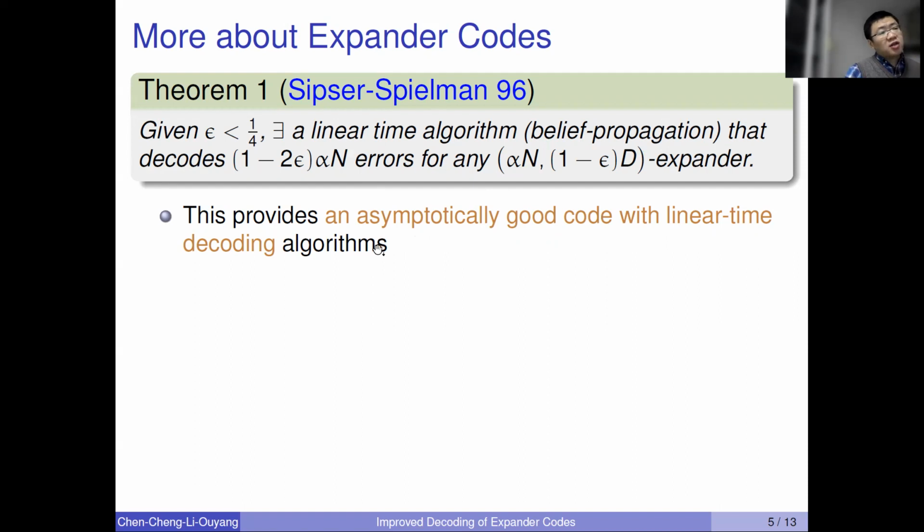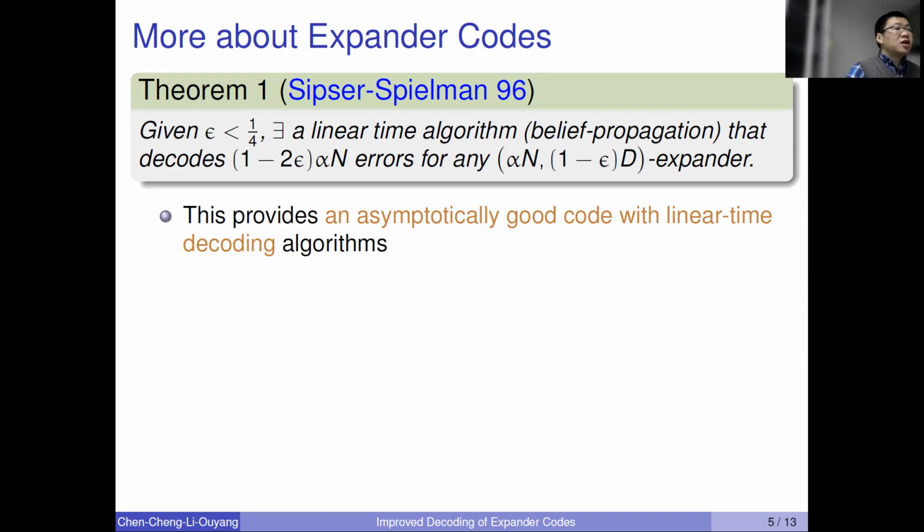So in fact, to the best of my knowledge, all known asymptotically good codes with linear time decoding algorithms are variants of expander codes. Okay, so that's one reason we are particularly interested in expander codes.